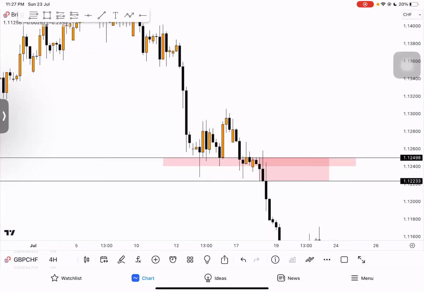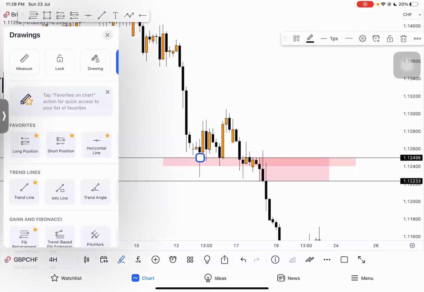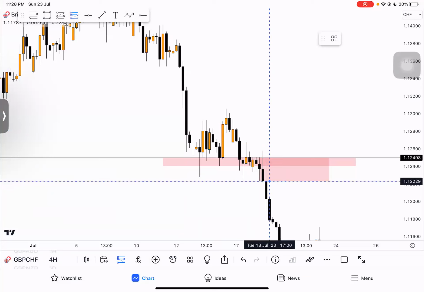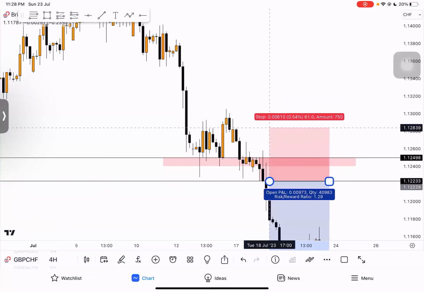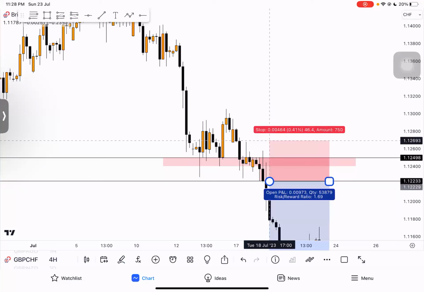Can you mark your SL for this one? For this one, I will just use 20 pips above the zone, which is somewhere around 700. Shorts, you entry right after your pullback. Your SL will be somewhere around 700.